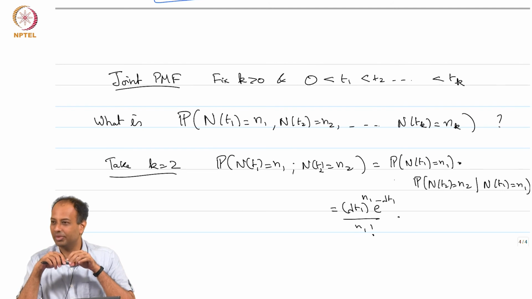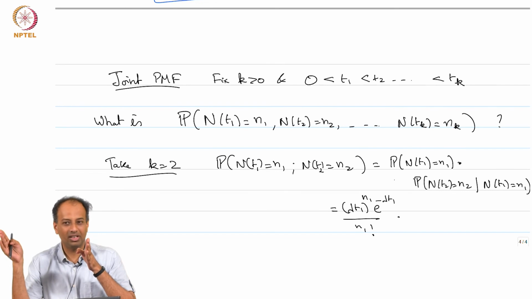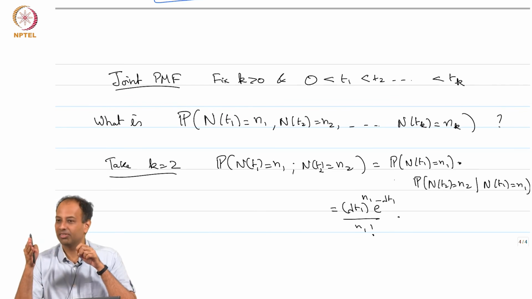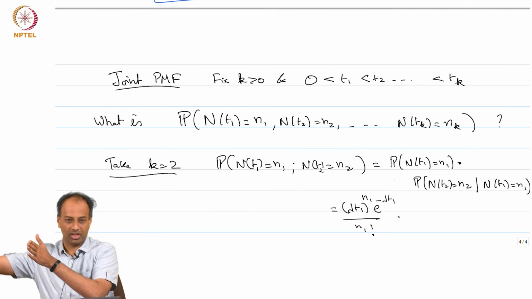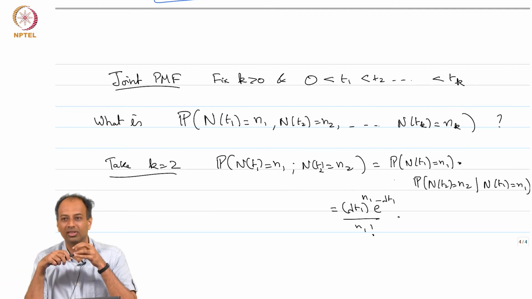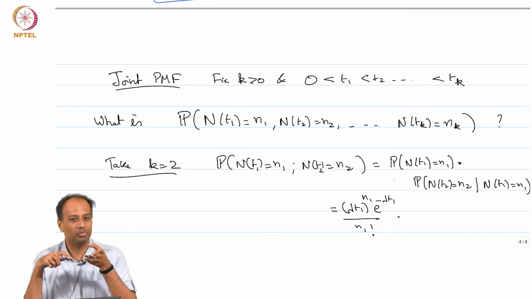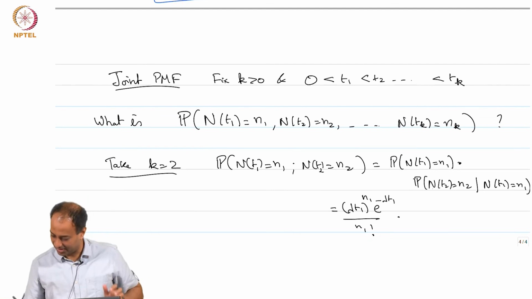By the stationary increment property, the number of arrivals in any interval is only a function of its width, which is T2 minus T1 in this case. Also, given n1 arrivals till time T1, the number of arrivals in T1 to T2 is independent of the number of arrivals in 0 to T1. Why? Independent increments property. So you have to use both SIP and IIP to calculate this.